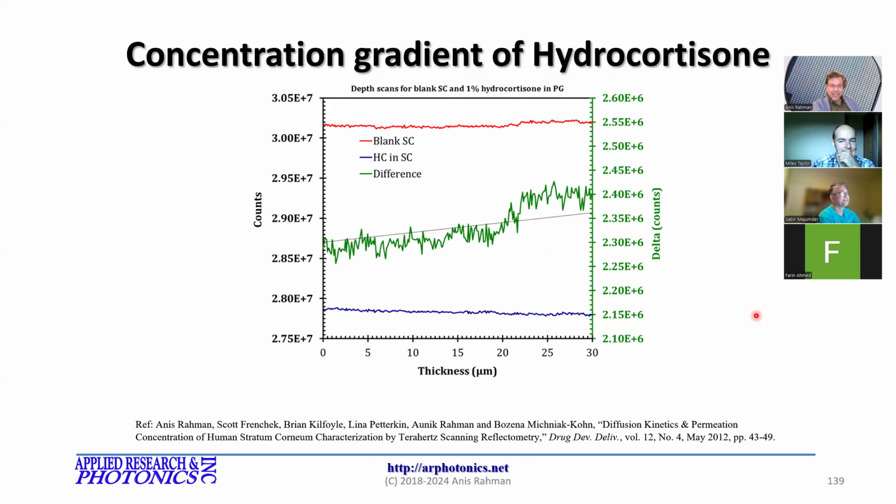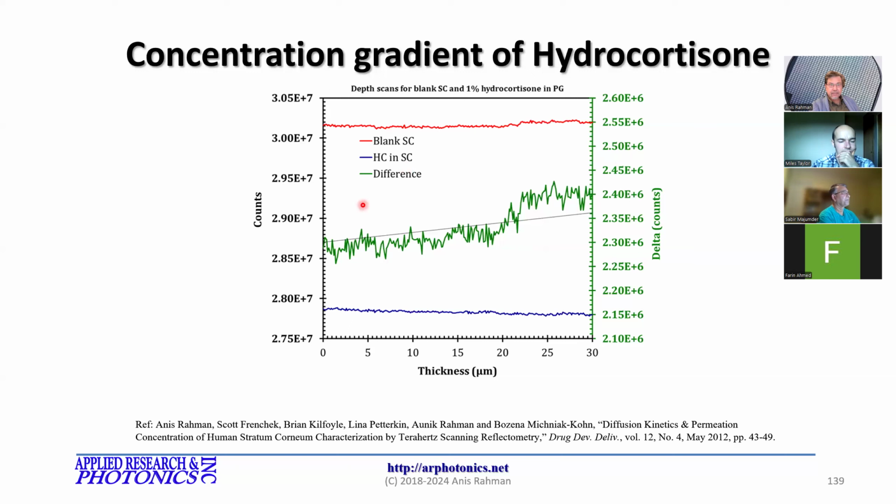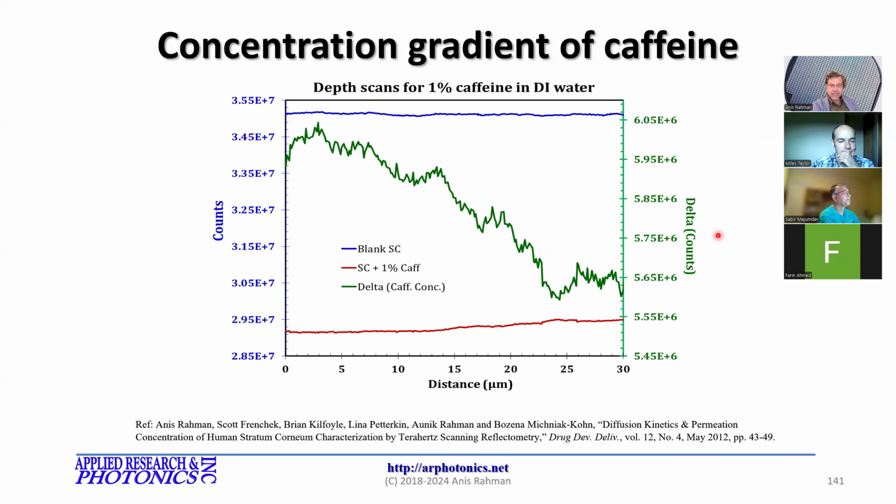Okay, wonderful. And this is another experiment of permeation kinetics of caffeine through stratum corneum. So we have seen that hydrocortisone actually penetrates through the stratum corneum. Otherwise, the count would not have been higher at the 30 micron depth. But in the same experiment, the caffeine does not penetrate.